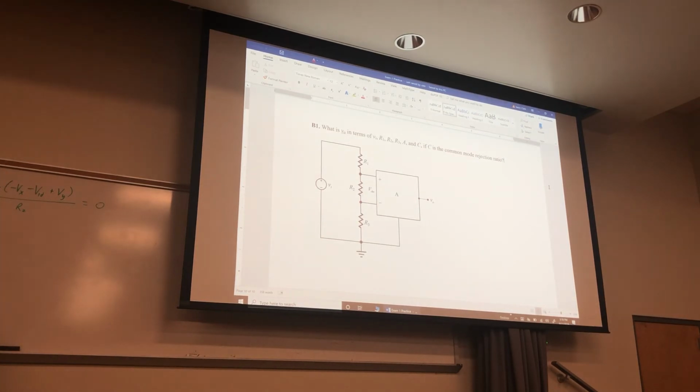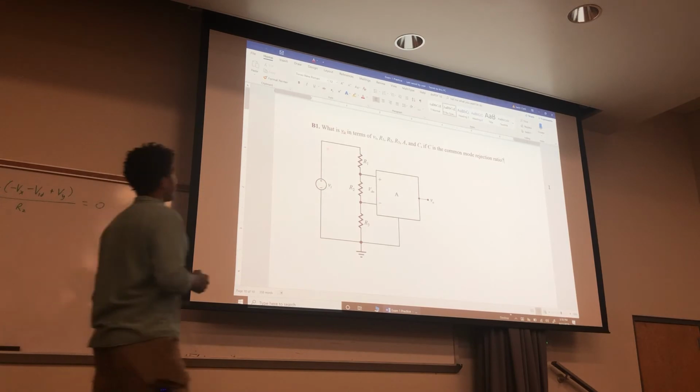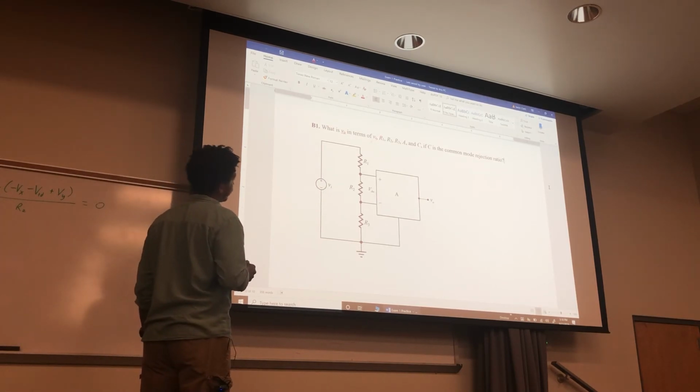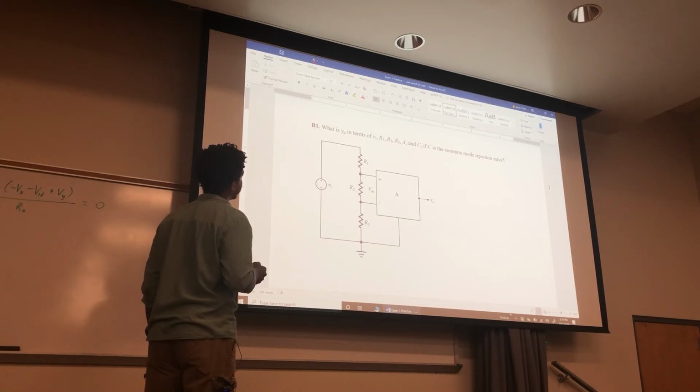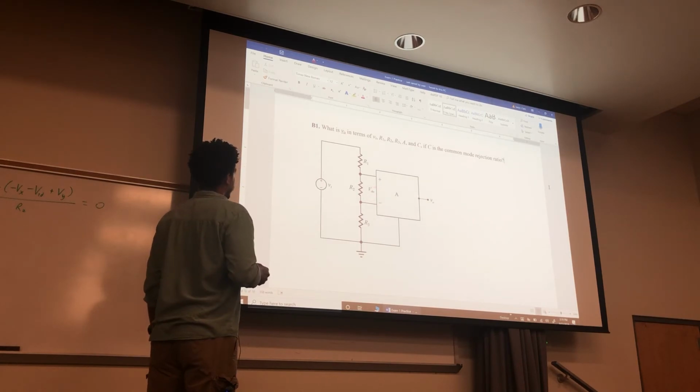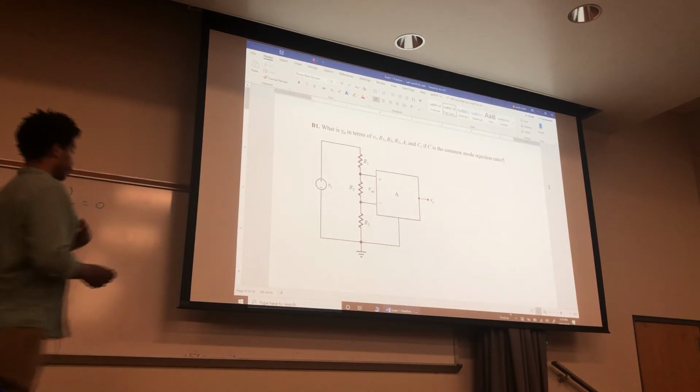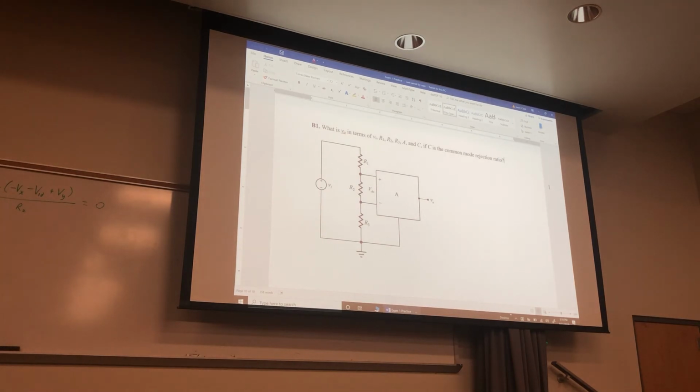Okay, so for this problem right here, what is VO in terms of VI, R1, R2, R3, A, and C, if C is the common mode rejection ratio? So you have a system like this, and this VDM is the voltage across here.